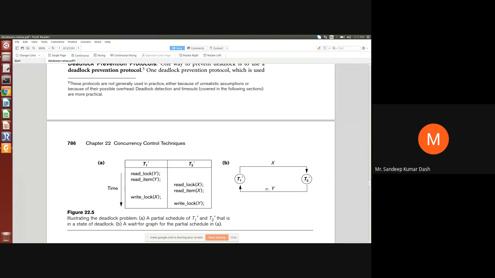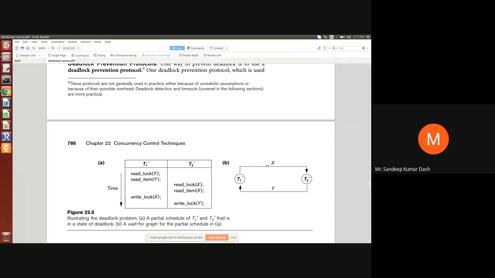T2 is requiring Y, which is held by T1. So you get a cycle. In this manner, you can detect that there is a possibility of deadlock between two transactions when they are requiring the items held by each other.